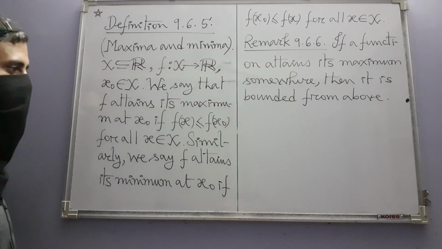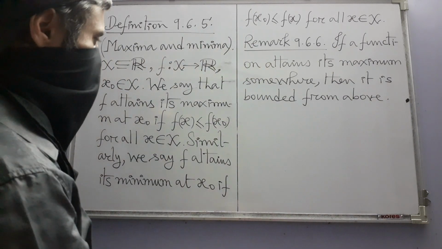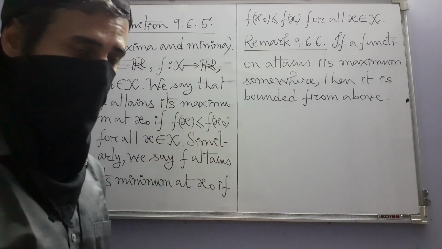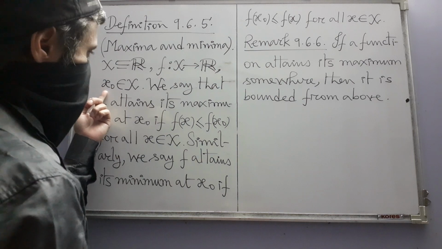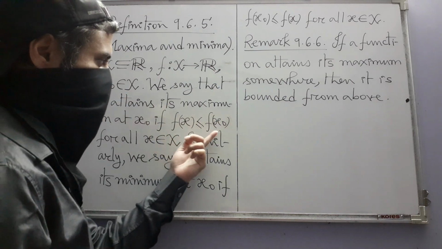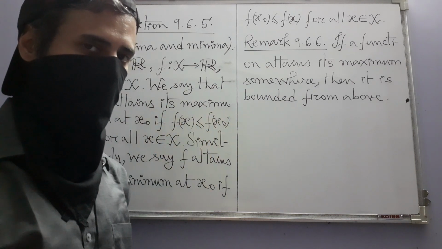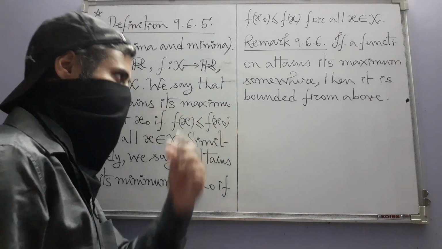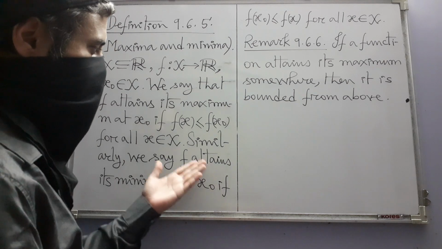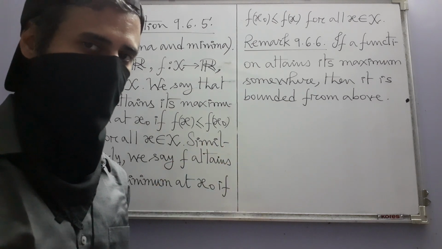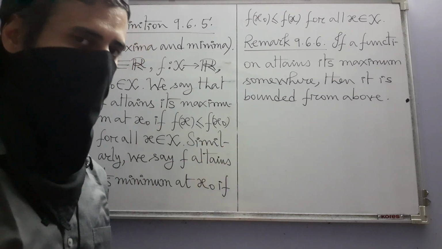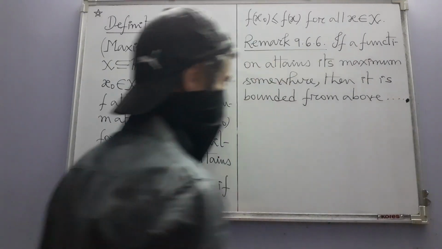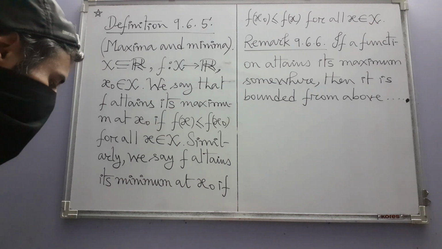The author asks why, but that is obvious, because if it is attaining its maximum somewhere, then there is some such x naught for which f of x naught is the largest value, but then all the f values are bounded from above by that value. Similarly, if f attains its minimum somewhere, then it is bounded from below by some value. So that of course I am not writing, so that is the remark.